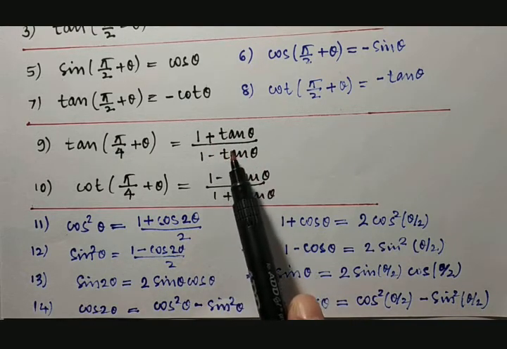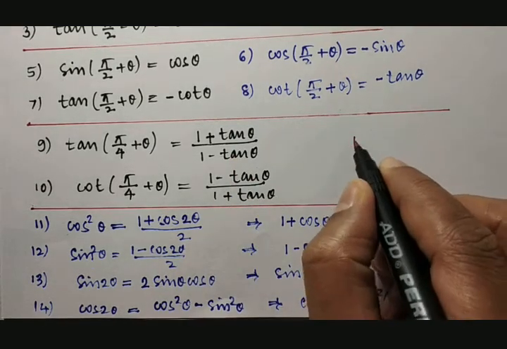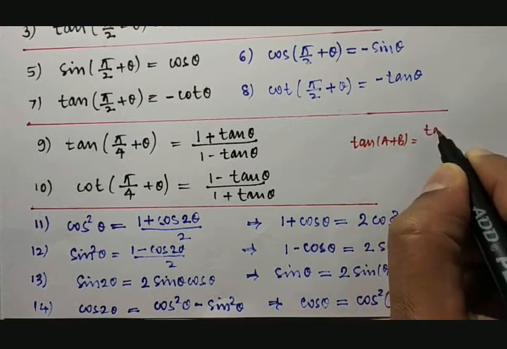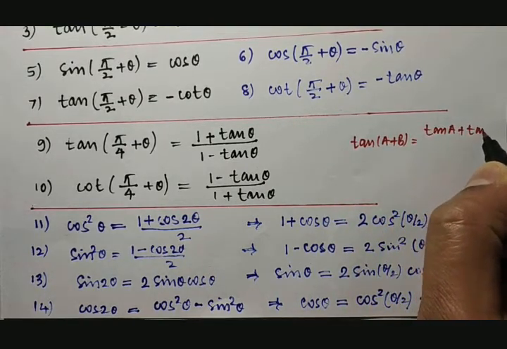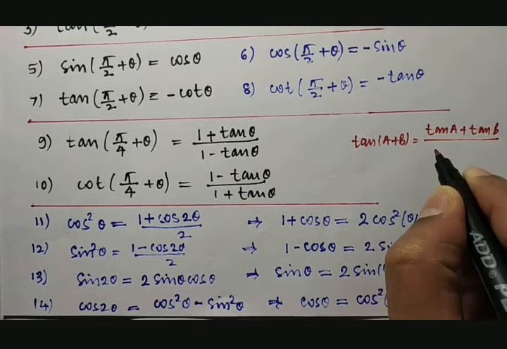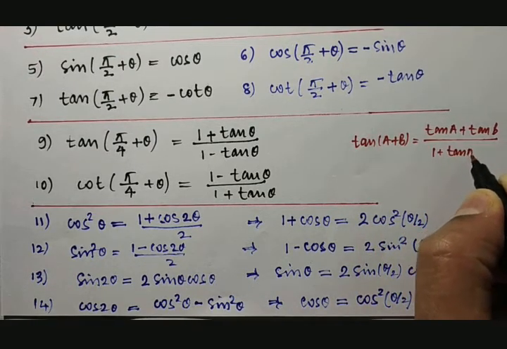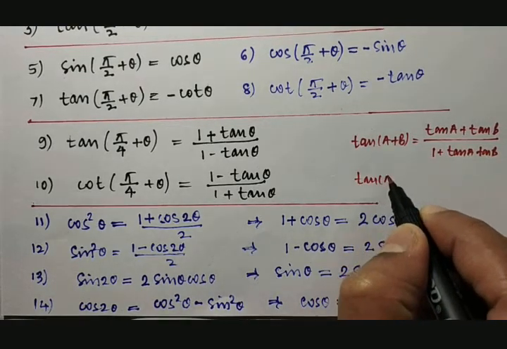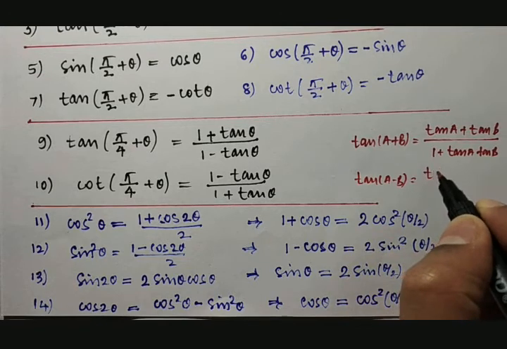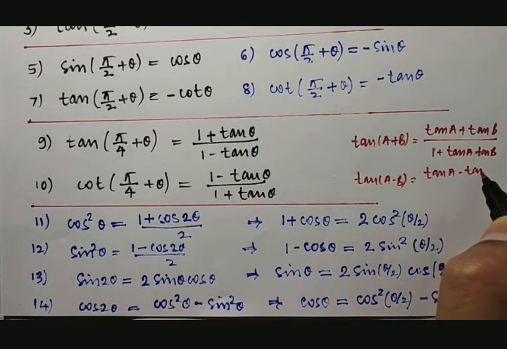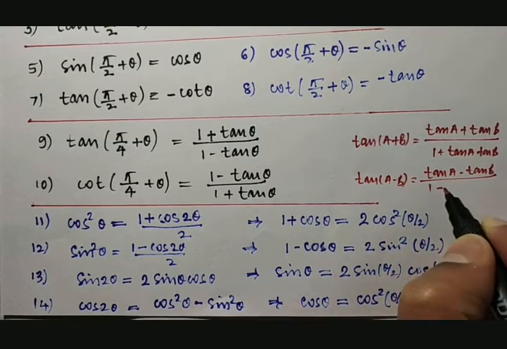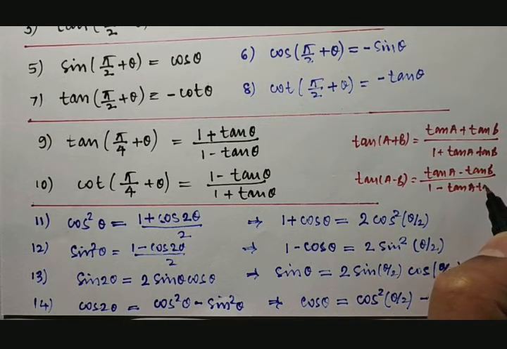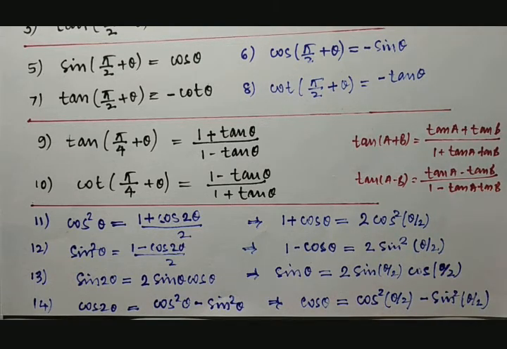So it is from the basic definition of tan of A plus B, which is nothing but tan A plus tan B divided by 1 minus tan A into tan B, or tan of A minus B is equal to tan A minus tan B divided by 1 plus tan A into tan B. Fine.